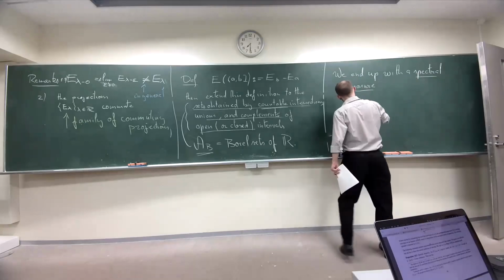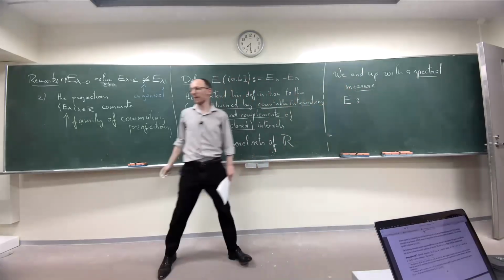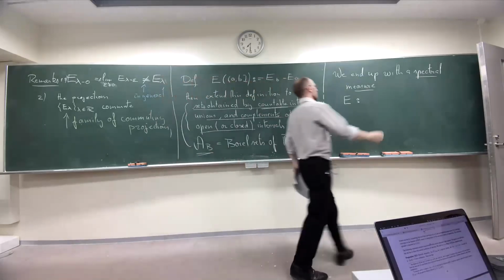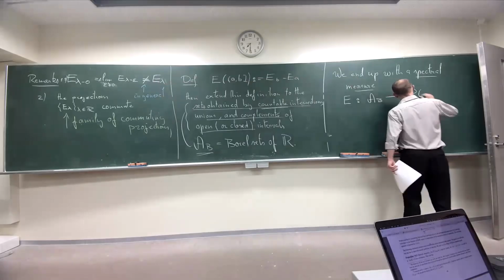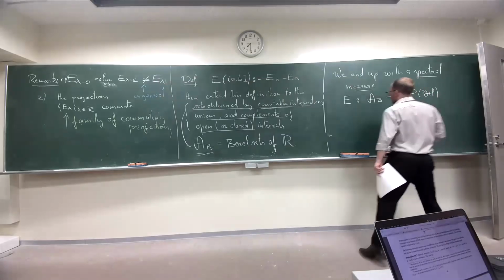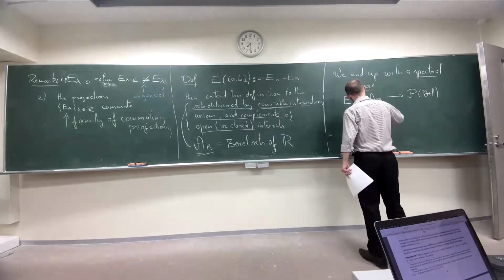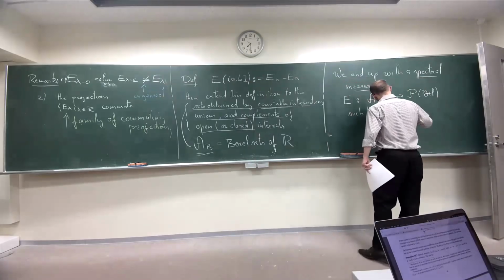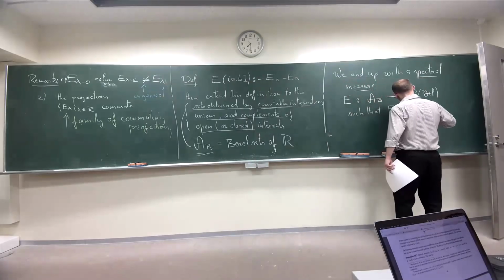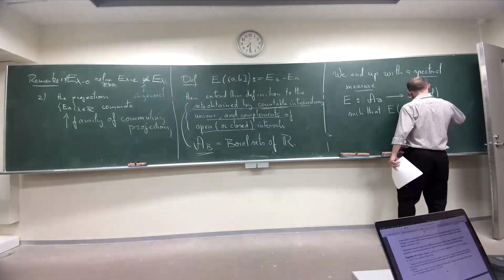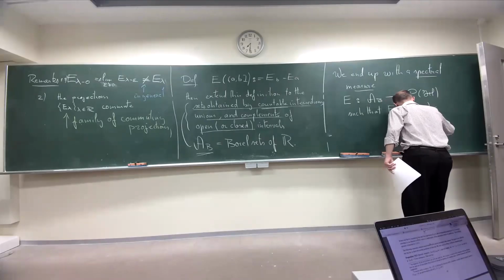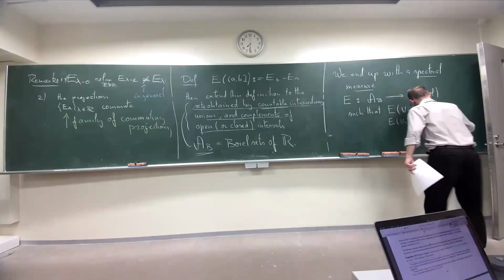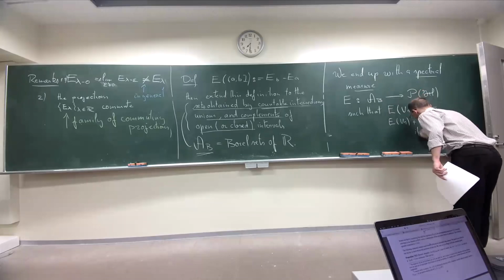Again, I'm going to call it E. It's the same E from this set to the set of projections of H, such that E of V1 union V2 is E of V1 plus E of V2 if V1 intersection V2 is empty.